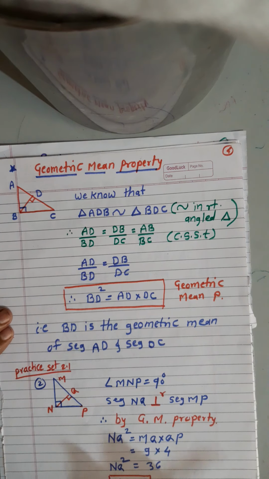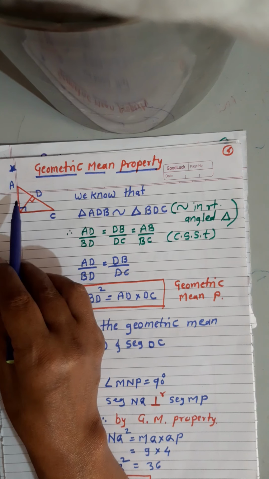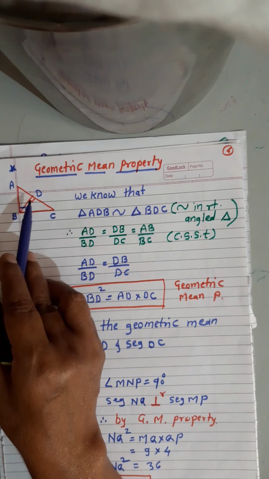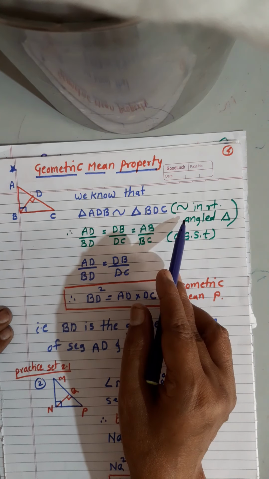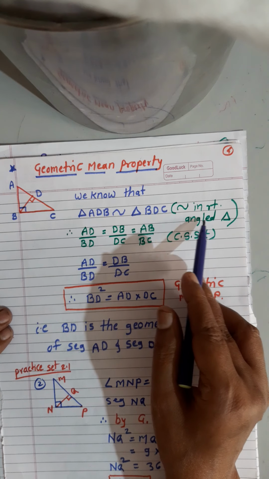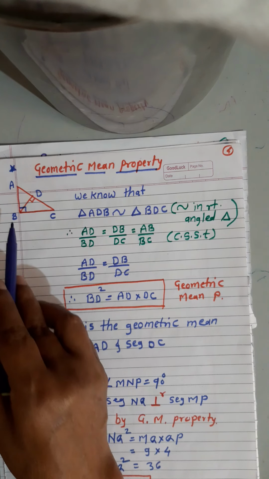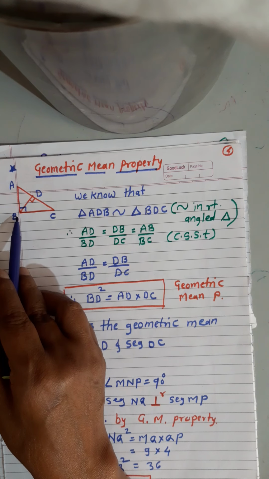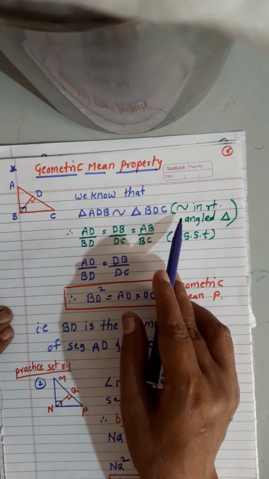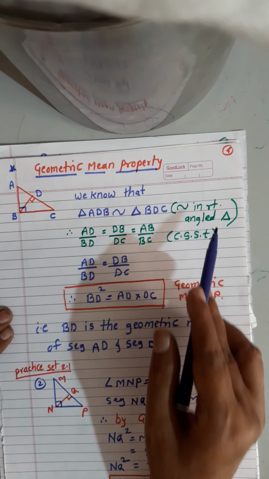Then we know that these two triangles are similar: triangle ADB is similar to triangle BDC. The reason: similarity in right angle triangle. We have proved it just now.